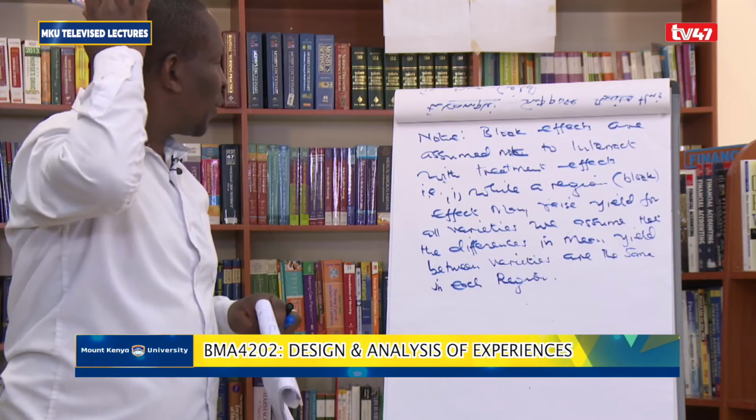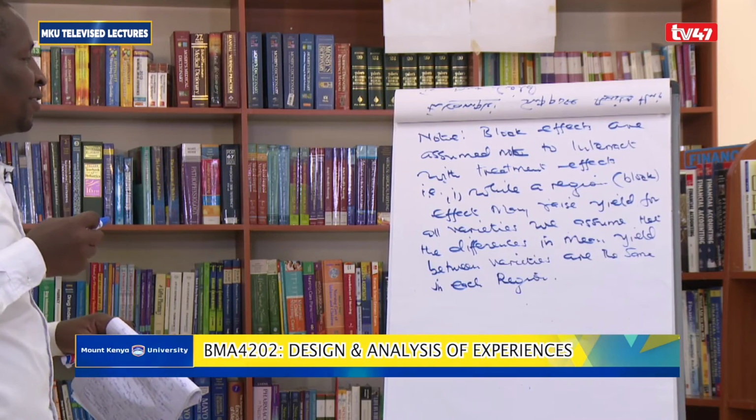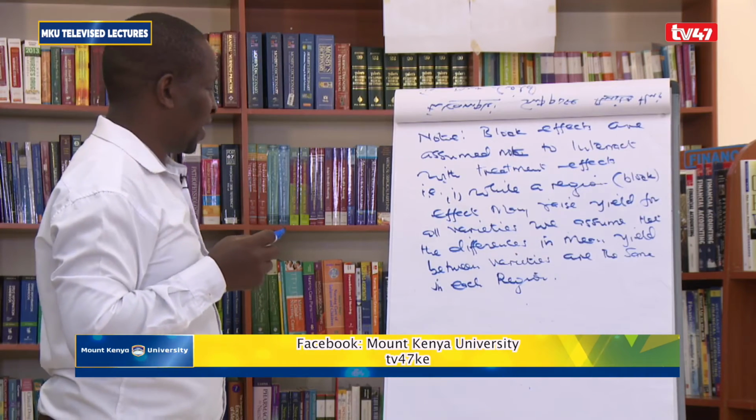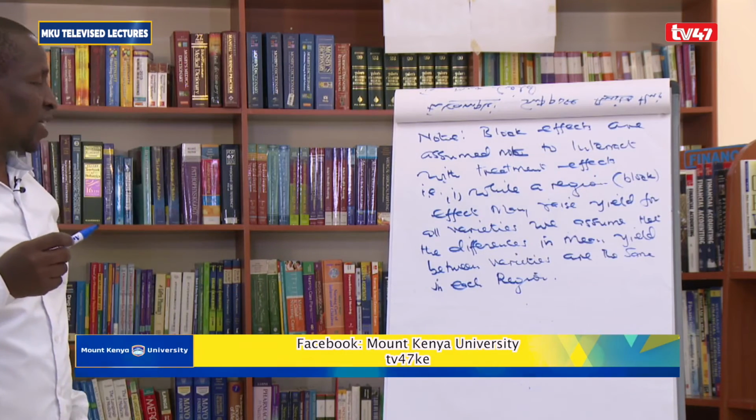So we are saying that while block effect may raise yield for all varieties, we assume that the differences in mean yield between varieties are the same in each block.